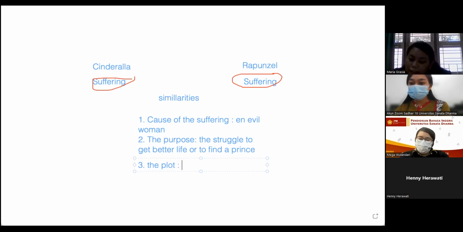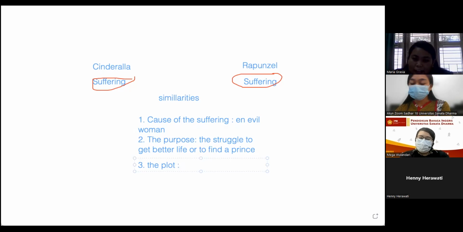Sorry, miss, what is the meaning of plot? The meaning of plot is the event, the sequence of cause and effect, the sequence of the stories. Yes.